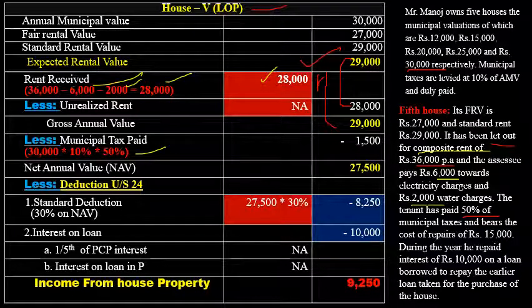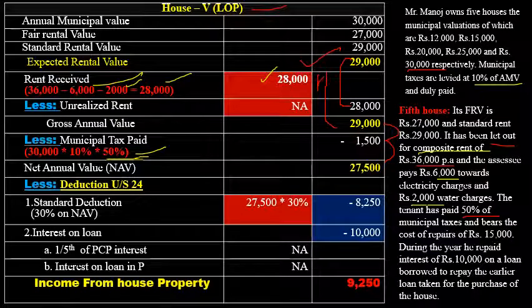Here it has been given that the tenant has paid 50% of the municipal tax and the remaining 50% has been paid by the owner. So we have to consider the part which has been paid by the owner. So 30,000 municipal value into 10% into 50%, that is 1,500. So next is the net annual value: 29,000 minus 1,500, the balance 27,500, is the net annual value.